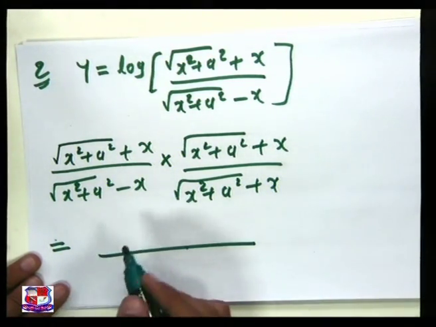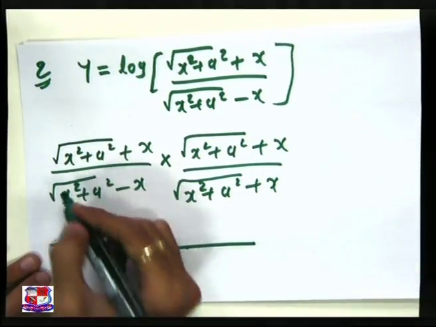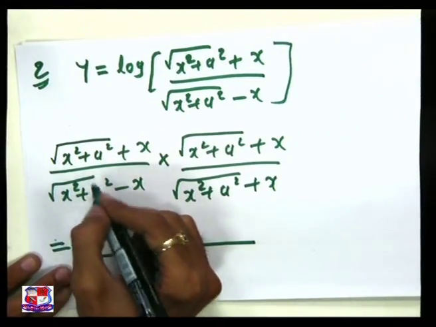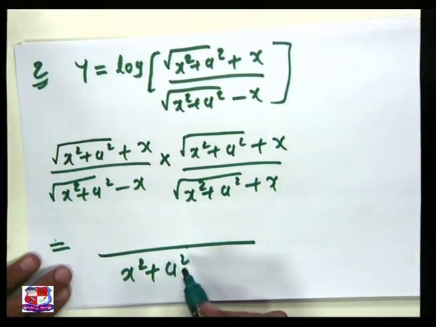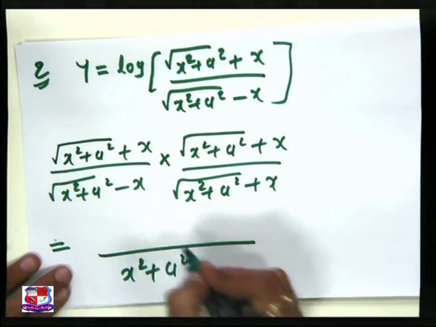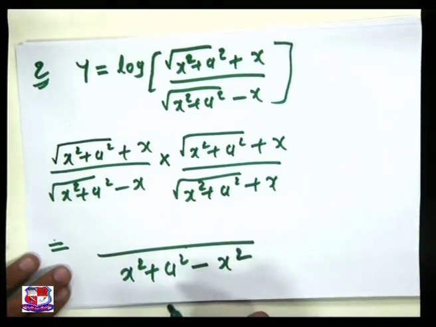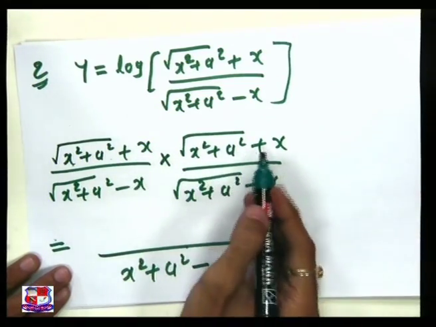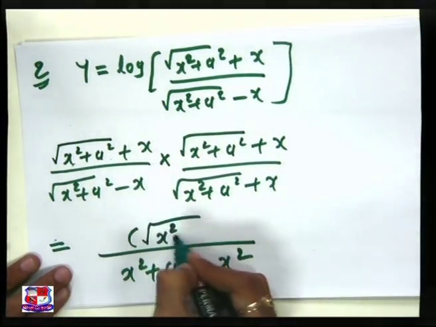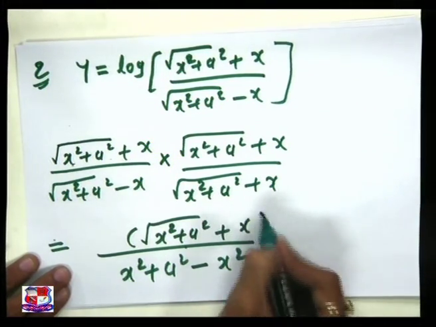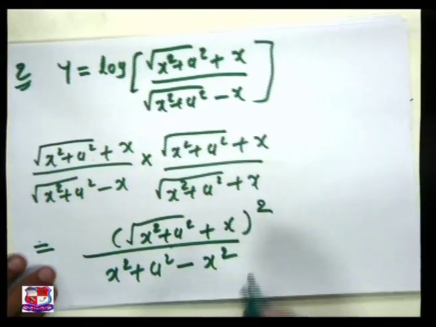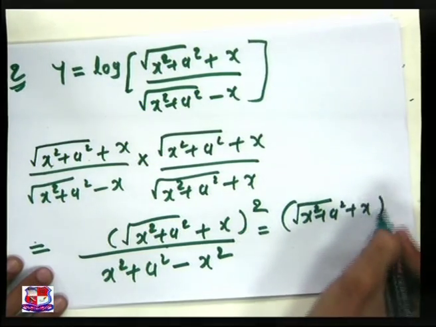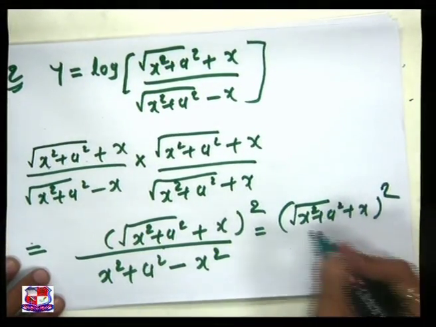So in the denominator we will get a square, that is x square plus a square, because this is under root. If I take the square of this one, then this will be x square plus a square, minus b square, so minus square of x, that is x square, right? And here we will get root x square plus a square plus x into root x square plus a square plus x, that is equal to root x square plus a square plus x whole square, right? And this one will be root x square plus a square plus x whole square divided by a square.